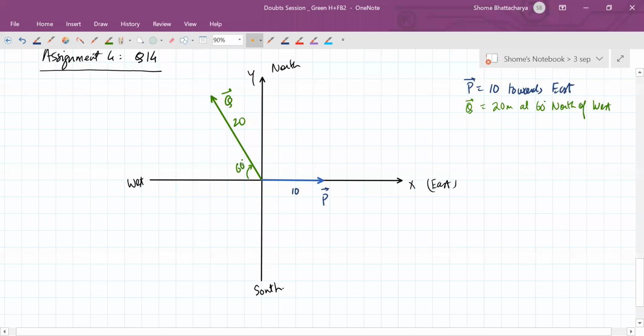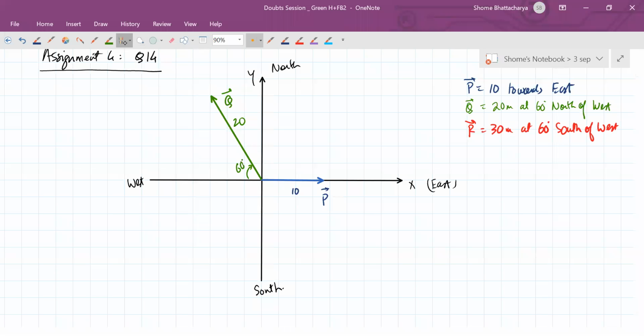This angle is 60. And similarly, it's given that the vector R is 30 meters at 60 degrees south of west. So that one will look like this now.